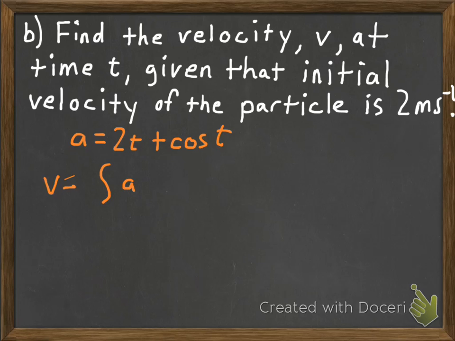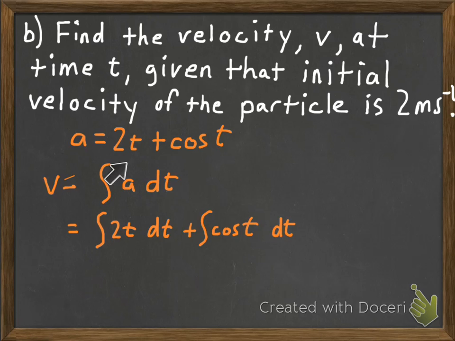All right, so go ahead and integrate a if you know how. I'm simply dividing my integral up, so I'm integrating each term separately. And so let's see. We'll get t squared plus the sine of t plus c.